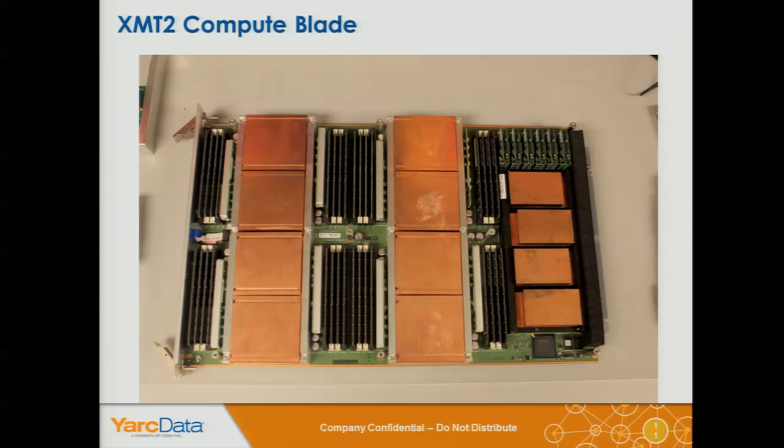But the socket, I mean, this is an Opteron socket, and of course any Opteron always contains a CPU plus a memory controller. And in order to fit the ThreadStorm into that same socket, we had to put the memory controller on chip.